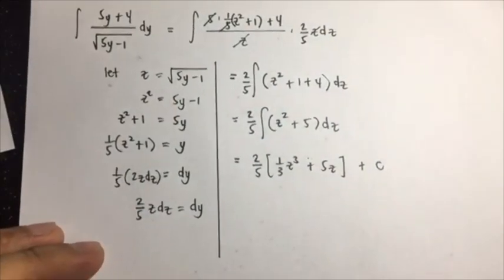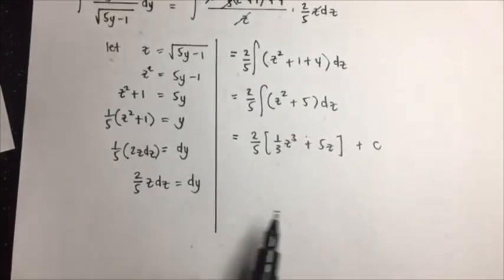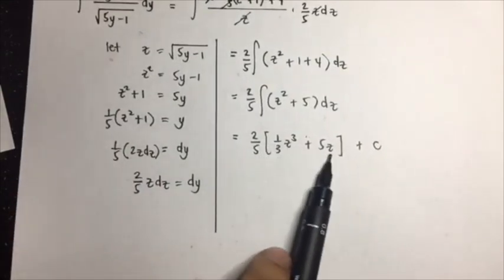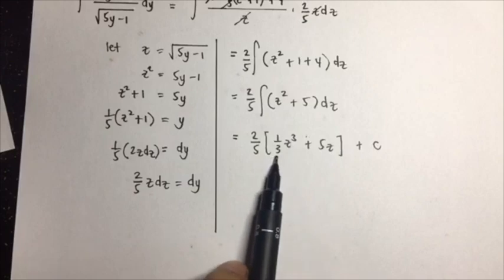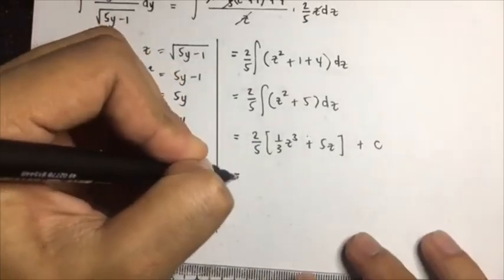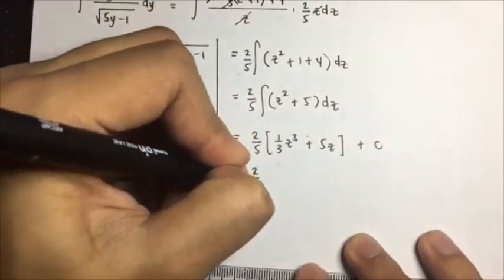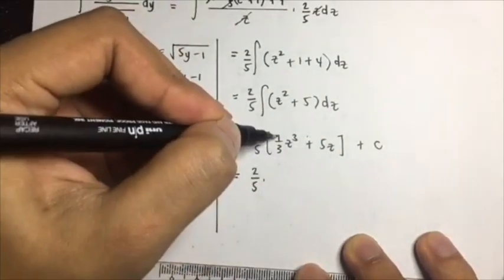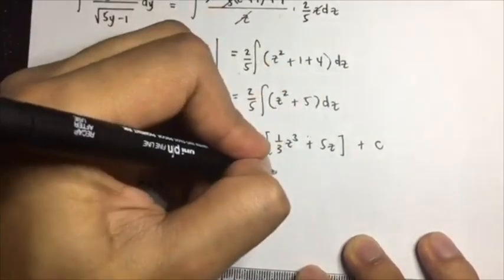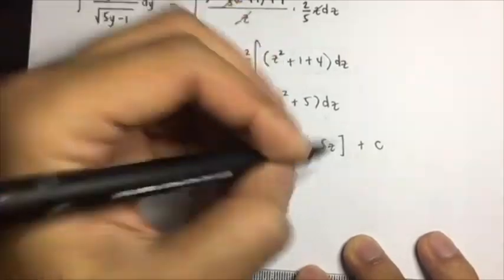Okay, so we can still factor out z. And then let's also factor out 1/3, so we'll have 2/5 times 1/3 z.